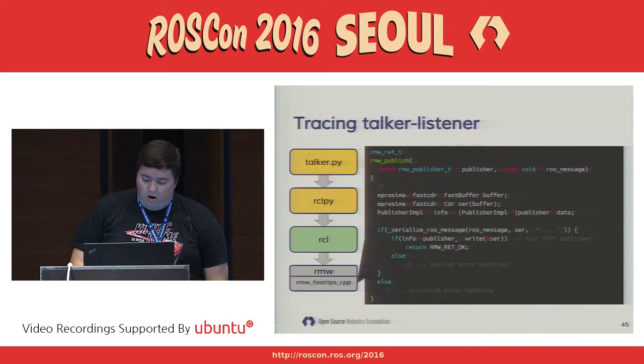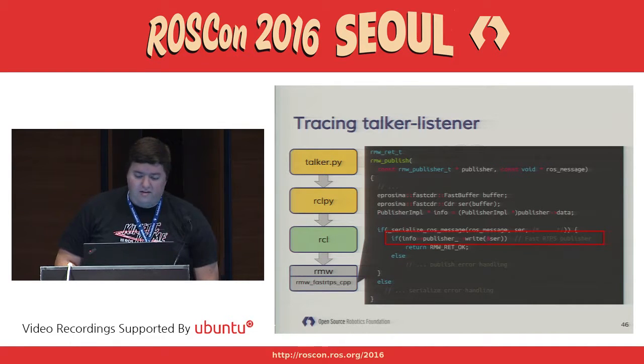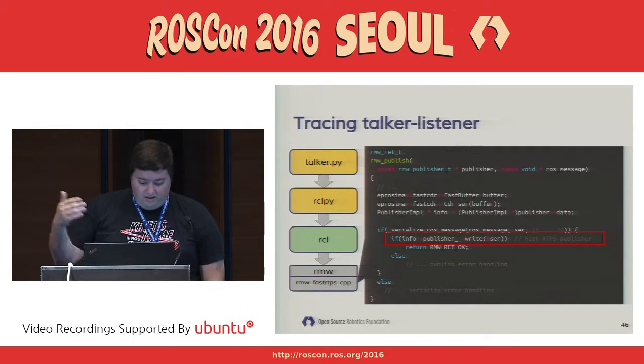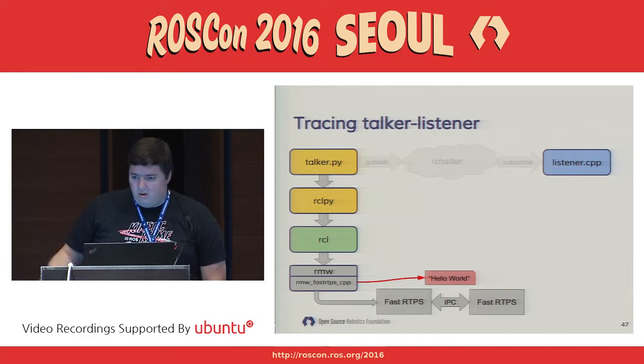Finally we call the FastRTPS publish call. A lot of the details are hidden here because there are a lot of little moving pieces, but essentially we're serializing it and then calling publish to send it to the wire. And then of course our hello world message has now been sent over to the middleware.